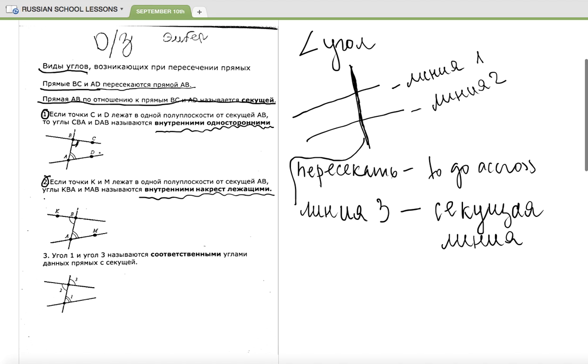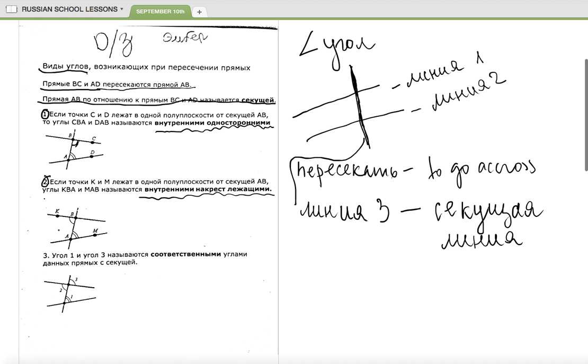So you see C and D, they are on the same side of that line which is crossing the two lines. And so the angles which are formed right here near A and near B are called внутренние односторонние.